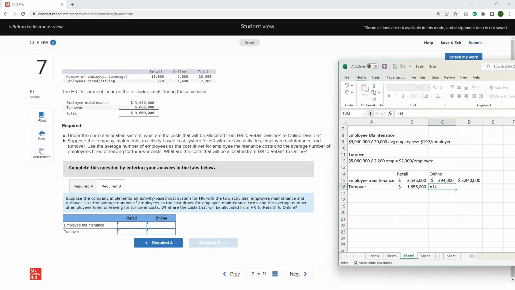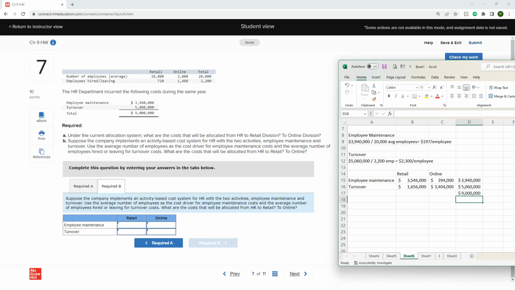We total those two figures, and we get 5,060,000. If we add up those two totals, there's our 9 million in overhead that we needed to allocate. So that's question 7. Question 8 is similar to question 7, so you can do that on your own.